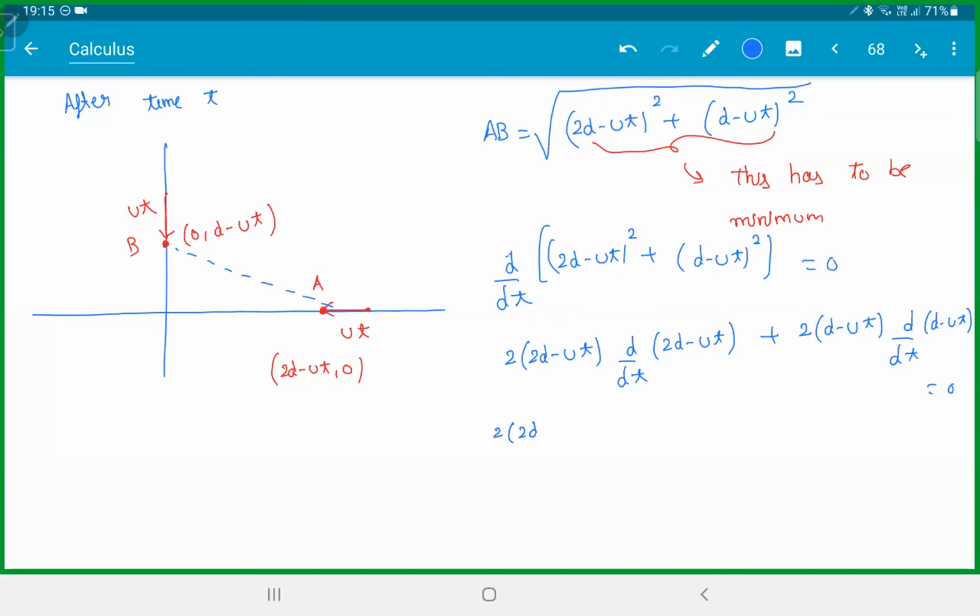So 2 into (2d minus ut), and this will be 0 minus u. 2 into (d minus ut), 0 minus u is equal to 0. Simplify this, you end up with 2d minus ut plus d minus ut is equal to 0, t is equal to 3d by u. Check.